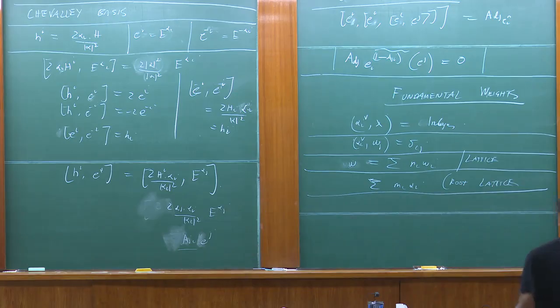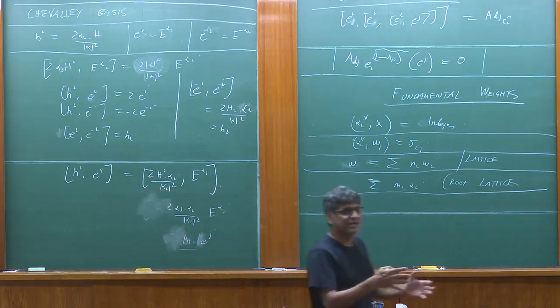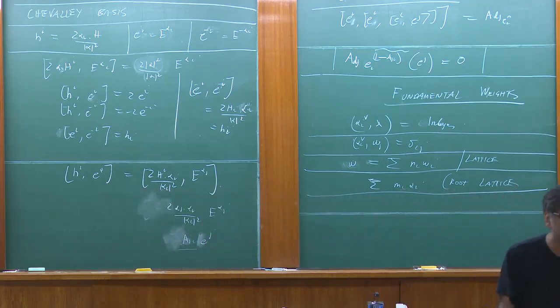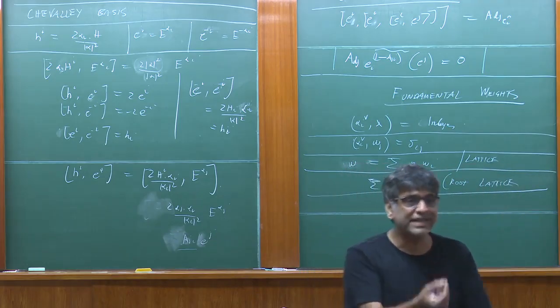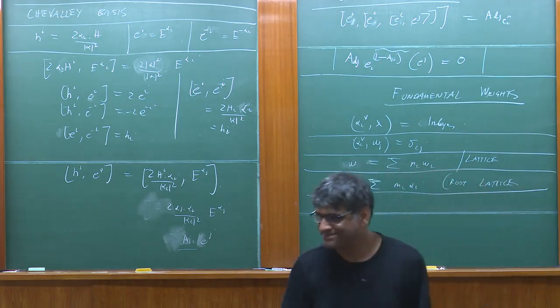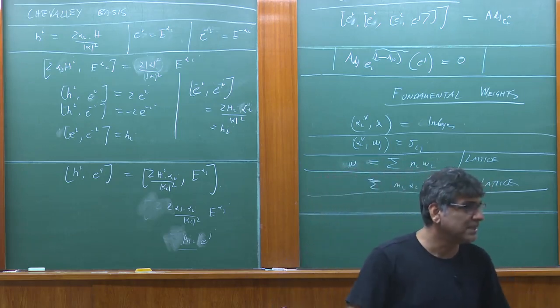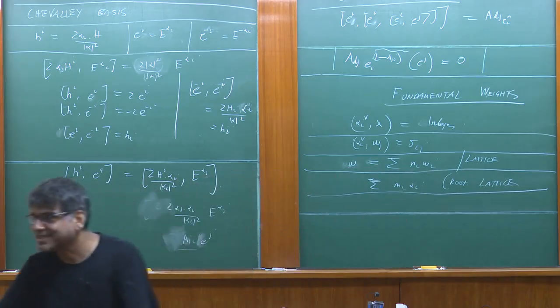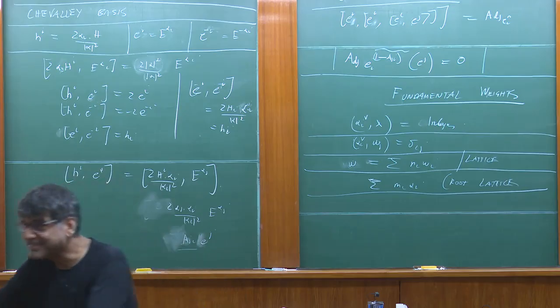Okay. Why, by the way, in SU2 is the root lattice different from the weight lattice? Because you see, the weight lattice in SU2 is made up of half integer values of Jz, and these are all allowed weights. However, roots, which are J plus, J minus, shift weights by integer values.